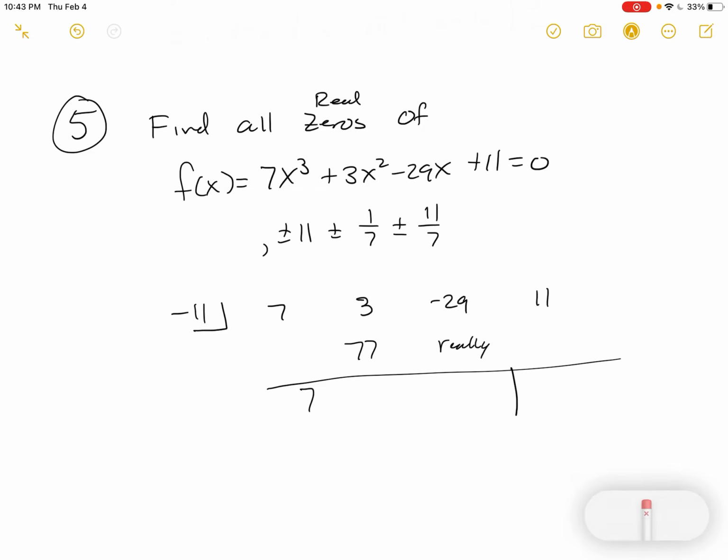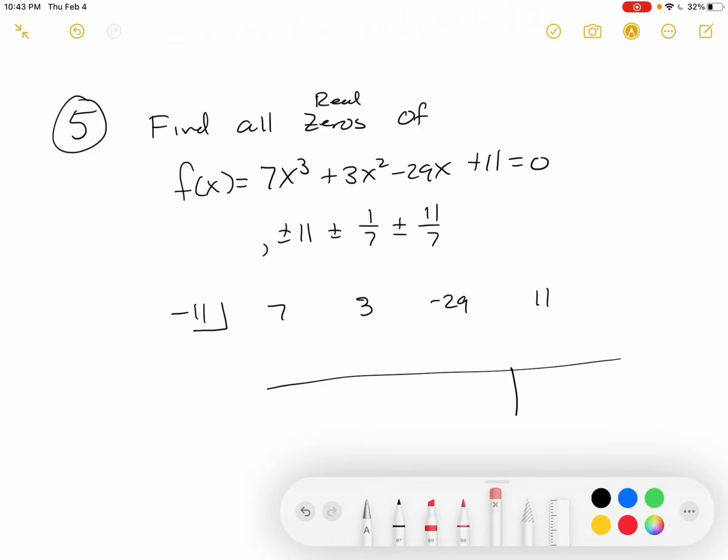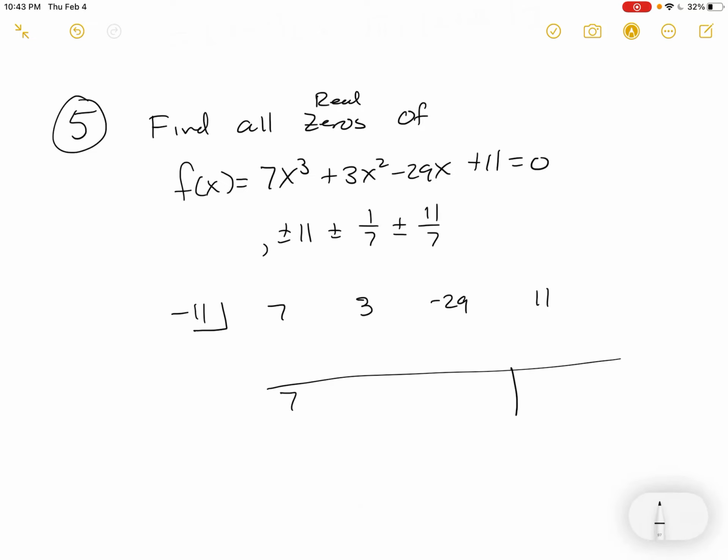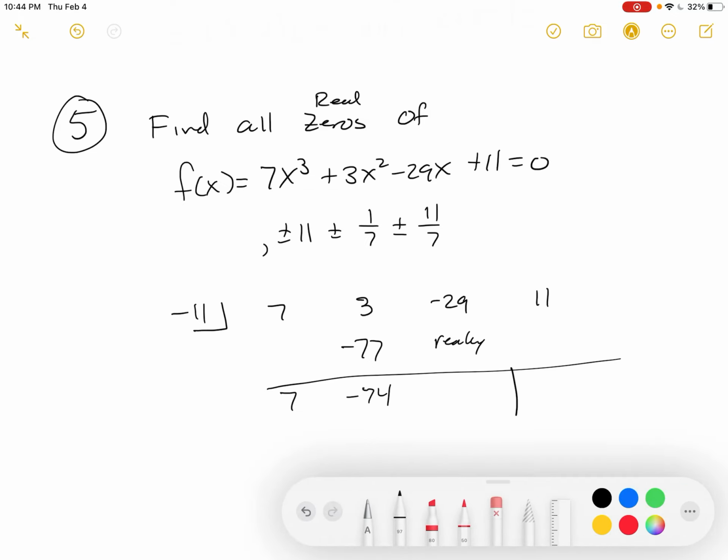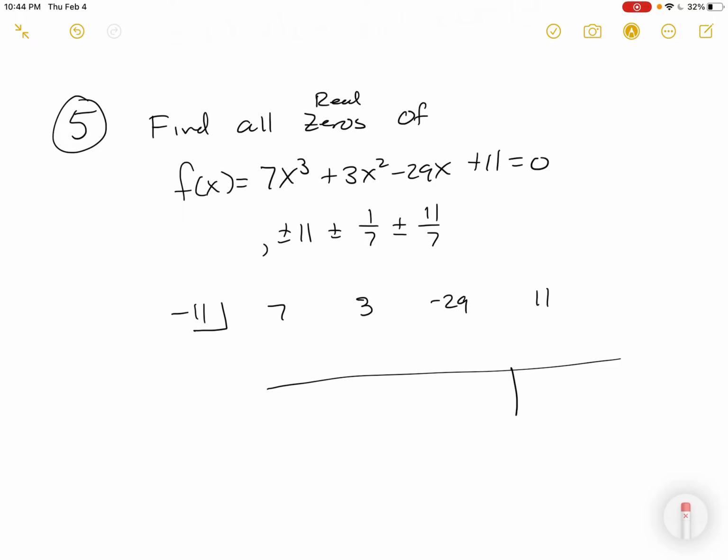You can check these really quick. We're checking them in under a minute. 7, negative 77, negative 74, really big. Minus 29 is not going to somehow get me a small number that when times negative 11 works. So it's not any of the 11s.